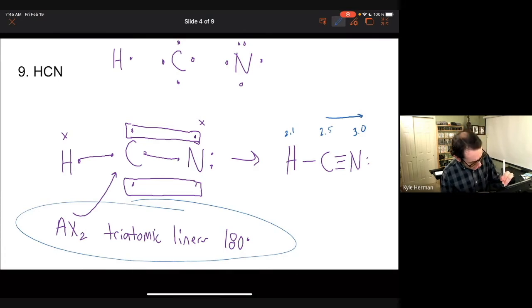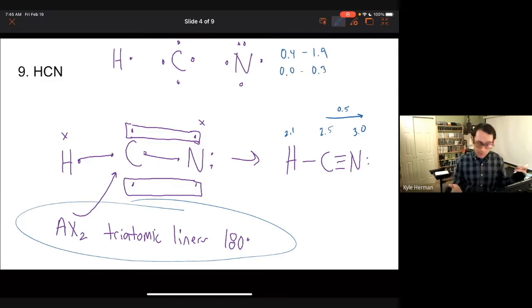I'm going to subtract, and that's going to give me 0.5, which tells us that it's probably going to be polar because it's moving in that one direction to the right. It's higher than 0.4. Because again, remember, from 0.4 through 1.9, it's going to be potentially polar. If it's 0 to 0.3, then it's going to probably be nonpolar.